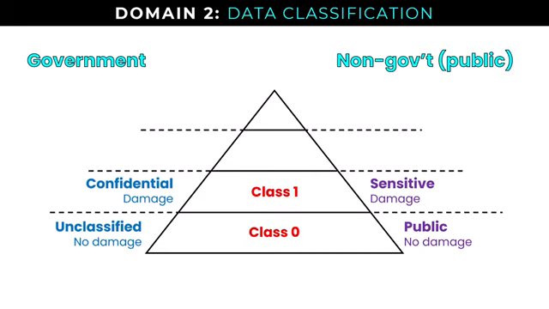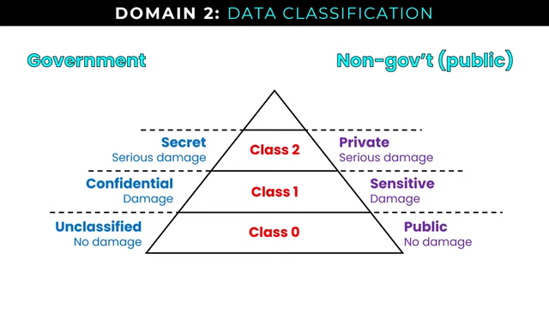Now, the type of damage that the organization would sustain in the government context at a certain level of classification, we're talking about national secrets that could endanger human life. In the public context, we're talking about corporate reputation, competitive disadvantage, or monetary loss. The next level of classification, we have secret, or what we call private data on the public side, where the organization could sustain serious damage.